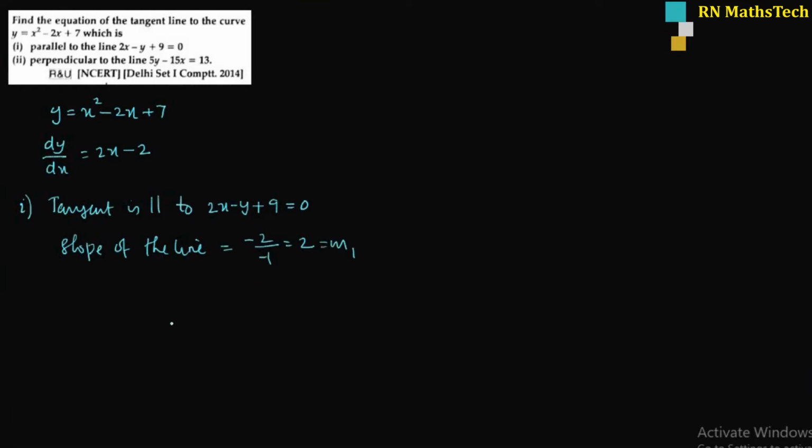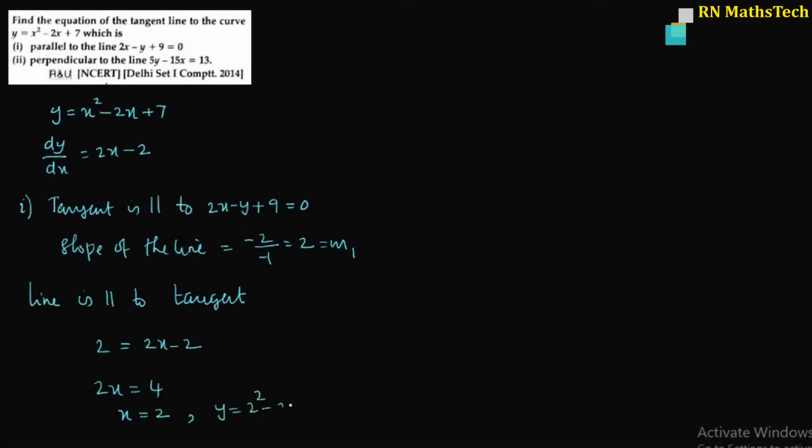Okay, now since this line and tangent are parallel, 2 is equal to dy by dx, 2x minus 2, or 2x is equal to 4, x is equal to 2. When x is equal to 2, y is equal to 2 square minus 2 into 2 plus 7, that is equal to 7.